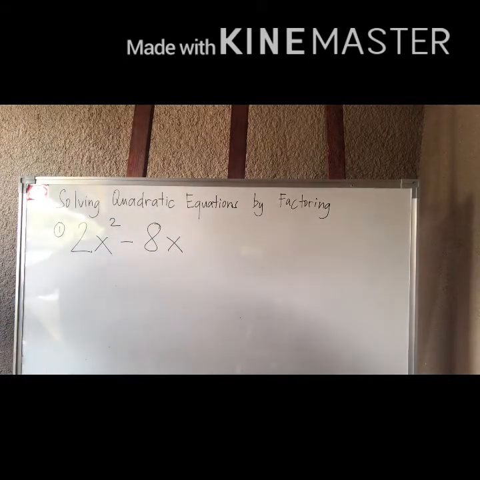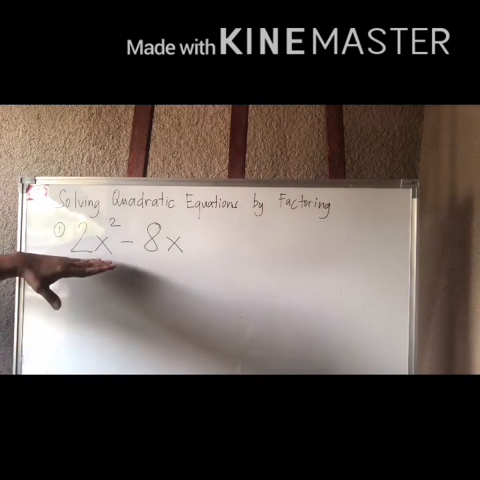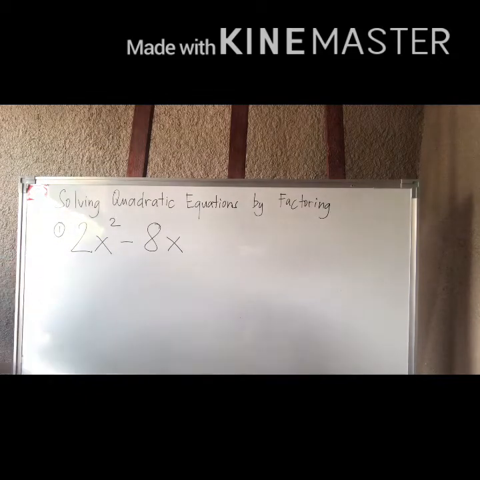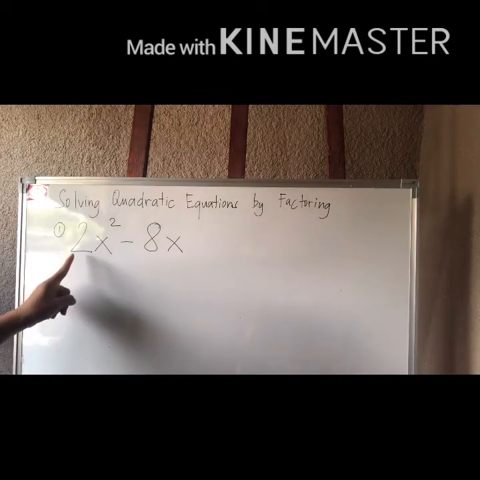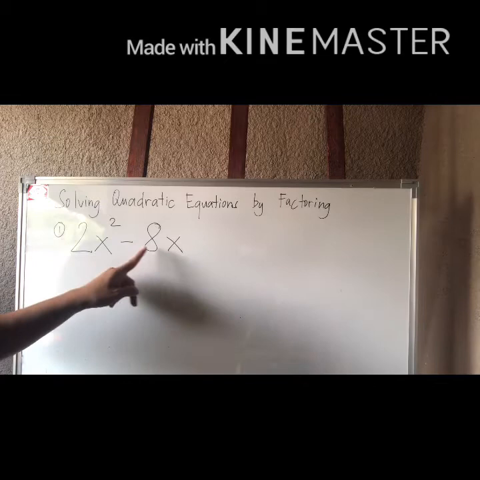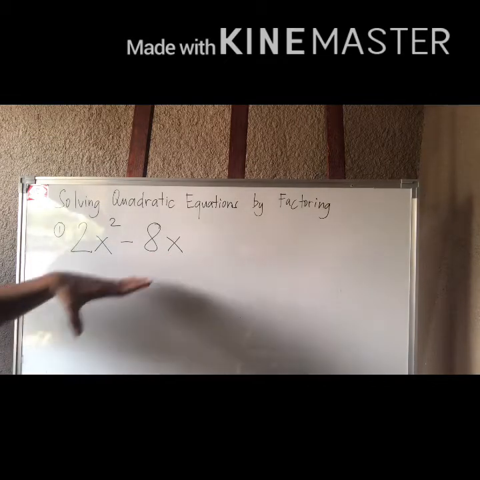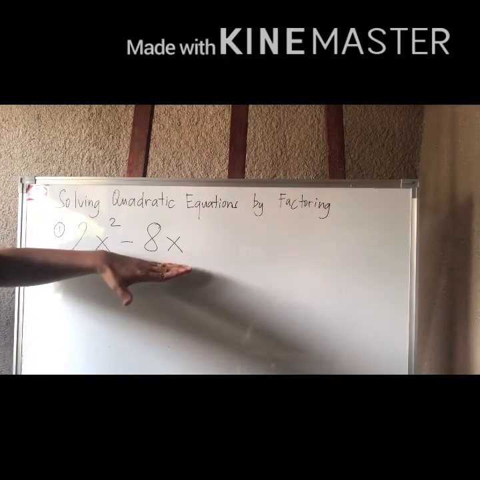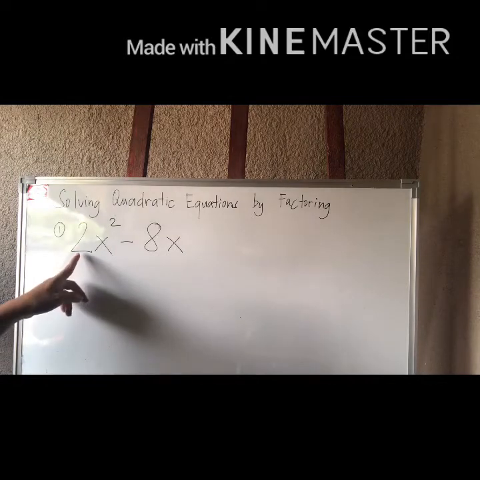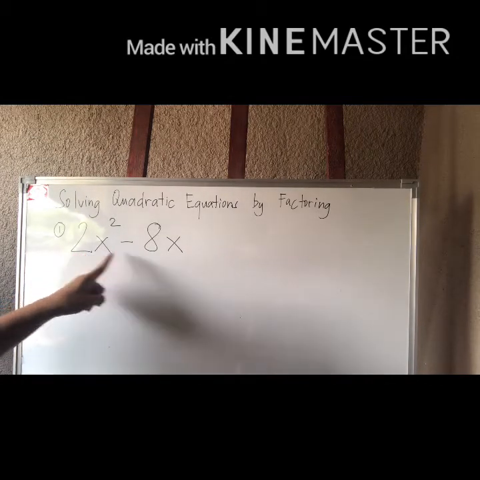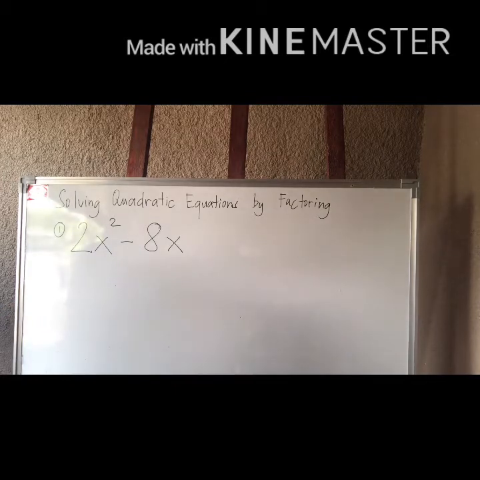So what we're going to do is to look at what is common with this term and this term. So you have 2x squared minus 8x. So we're going to factor out what is common with these two. So in this case, we have the numbers 2 and 8. We have to look first for the GCF, or the greatest common factor.